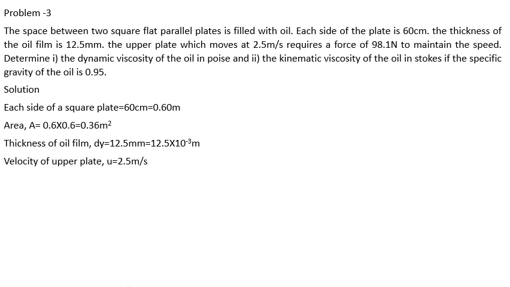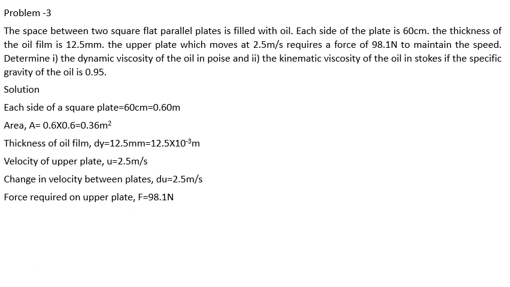The velocity of the upper plate u is equal to 2.5 meter per second. Now what is the change in velocity between these two plates? Here the bottom plate is stationary, only the upper plate is moving at a certain velocity, that is 2.5 meter per second. For that reason, the change in velocity between these two plates, du, is equal to only 2.5 meter per second.